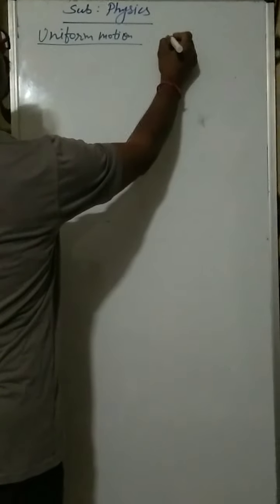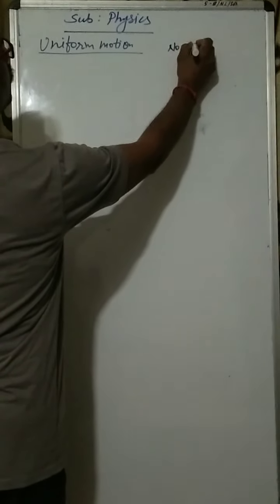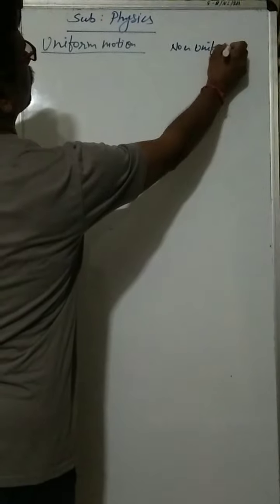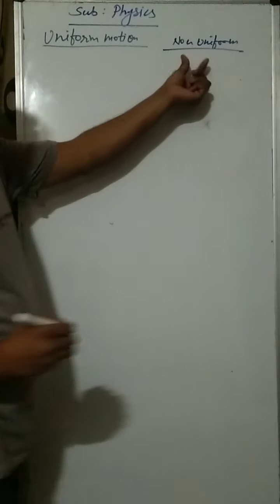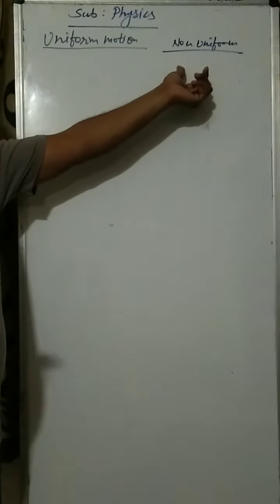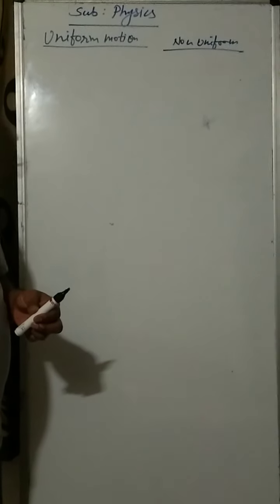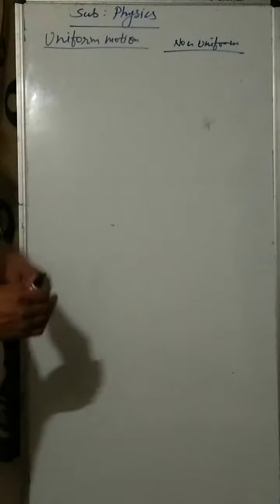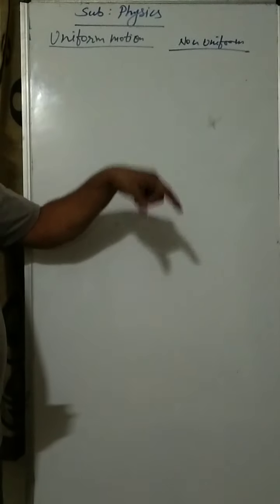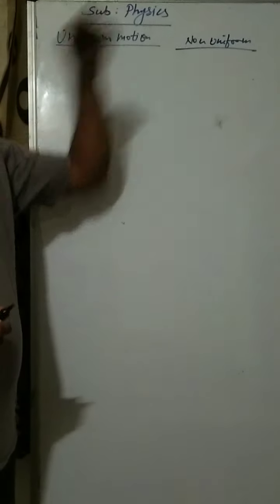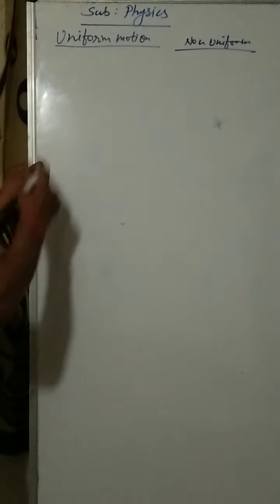Non-uniform motion is what? When any object travels unequal distances in equal intervals of time, then it is said to be non-uniform motion. I am taking two examples.